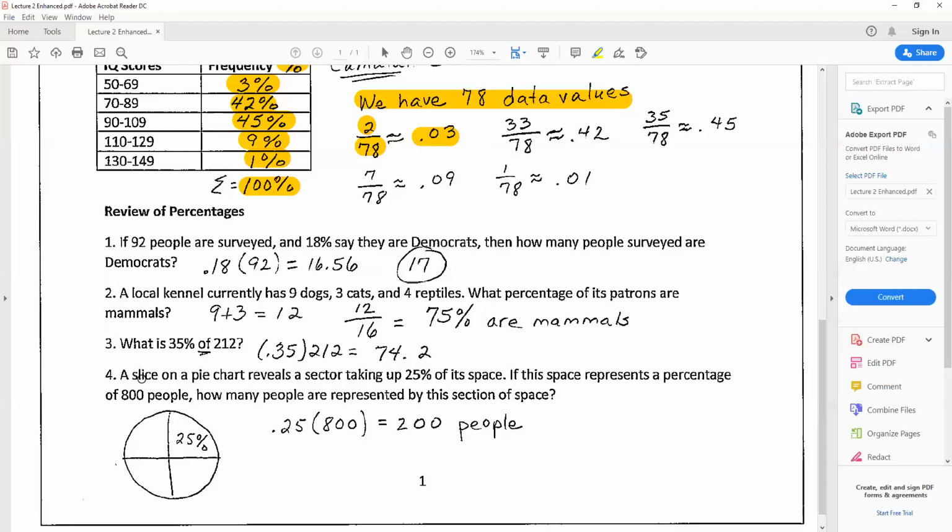And let's say that that space represents a percentage of 800 people. So there are 800 people scattered evenly throughout the circle. How many would be in the 25% range? That upper right corner. Okay, so 25% of 800 would be 0.25 times 800, which gives me 200 people. So there would be 200 people situated in that slice area.